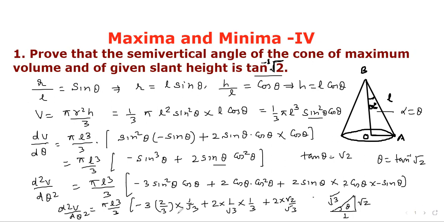So overall this will be negative. It means the function is maximum, and in that case theta will be tan inverse root 2.